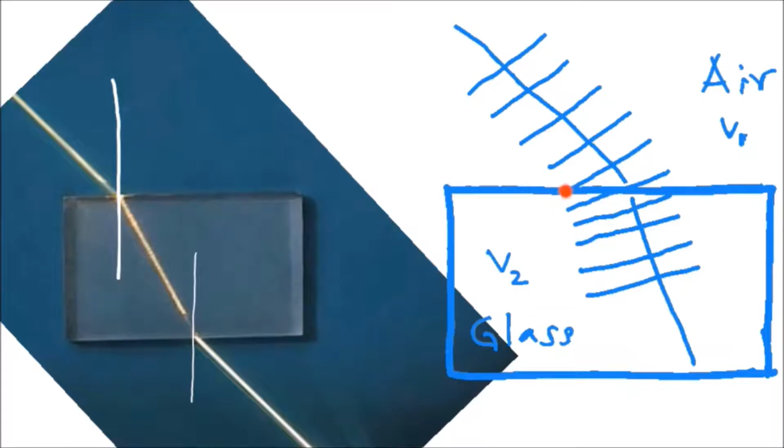Once it enters the glass slab, the speed of this drops down and travels only a very small distance, whereas at the same time, the speed outside in the air medium is very high and travels more distance, which will cause the light ray to bend. Once it enters the glass slab, it goes on with the same speed, and then again when it is leaving, it bends away from the normal.